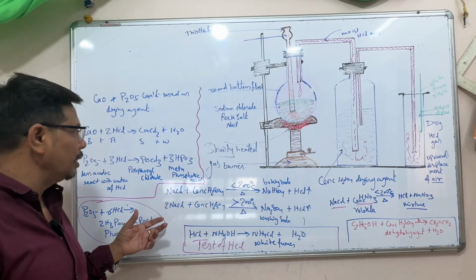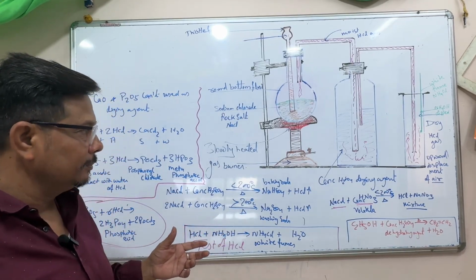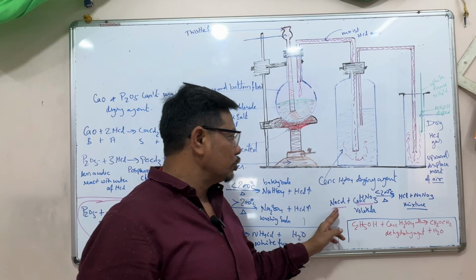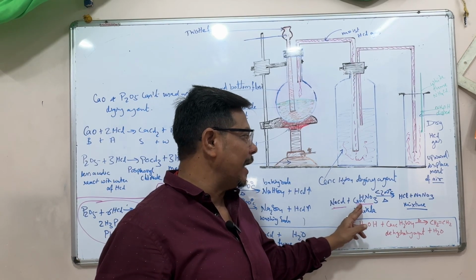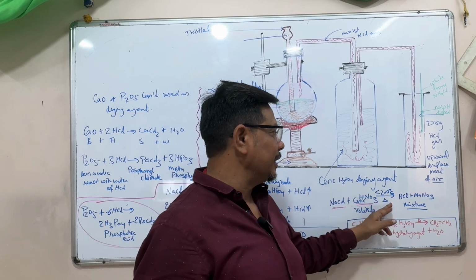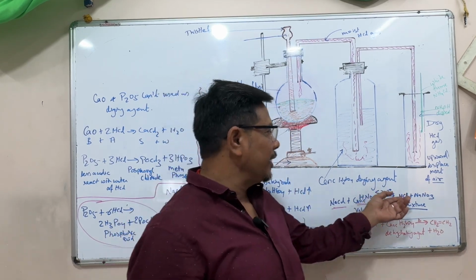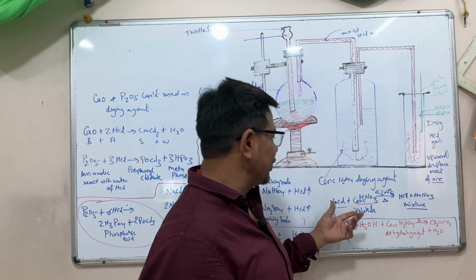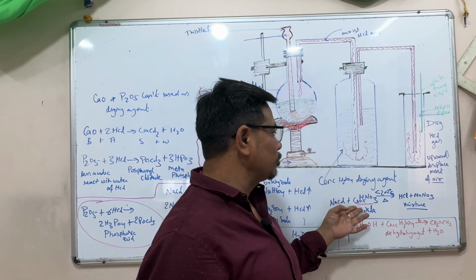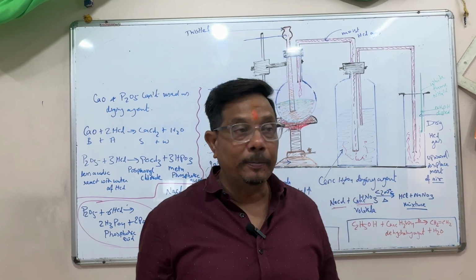We don't take nitric acid because nitric acid is volatile. Sodium chloride reacts with concentrated nitric acid HNO3 at less than 200 degrees Celsius, and HCl plus NaNO3 is formed. Here we get HCl, but it is volatile, so due to its volatile nature we need to keep a lower temperature.